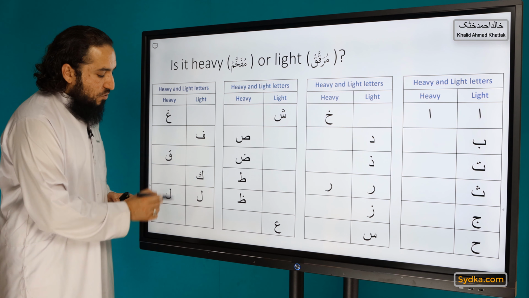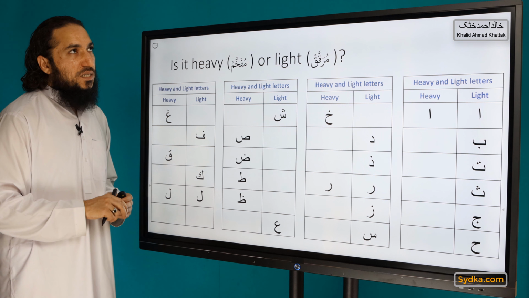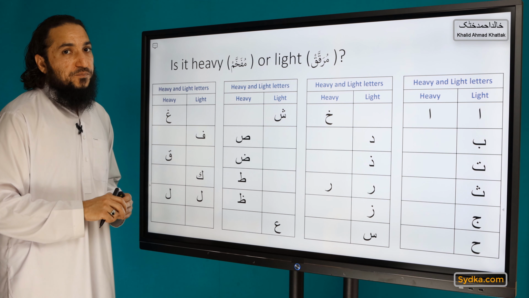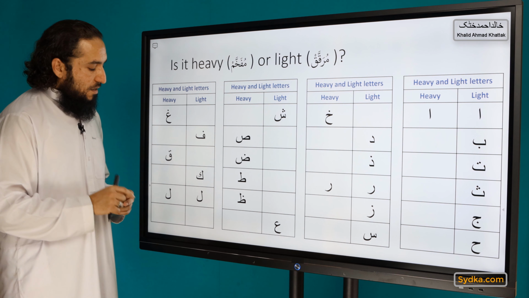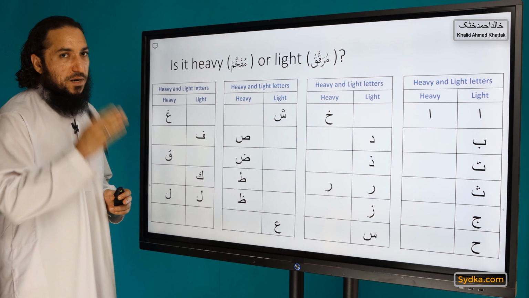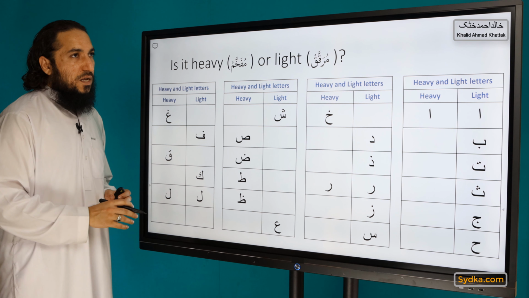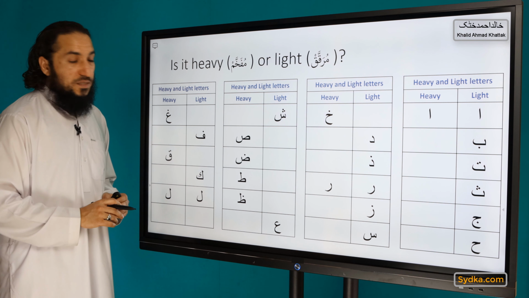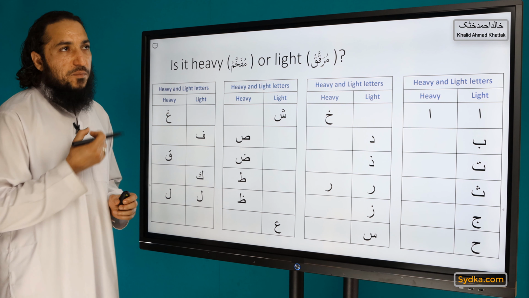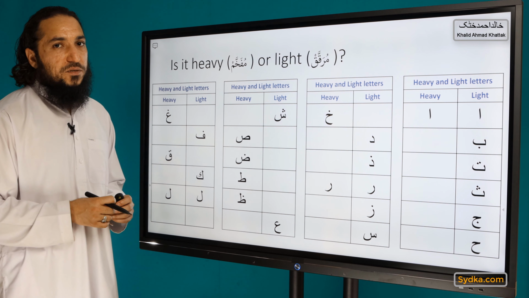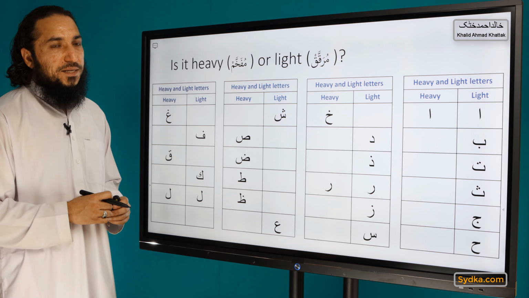So the lam is only heavy in one condition: when it is in the lafzul jalal, the name of Allah, and it is preceded by fatha or dhamma. In other conditions, it is light. When it is light, our mouth will remain flat when pronouncing it, as if we are going to start smiling.